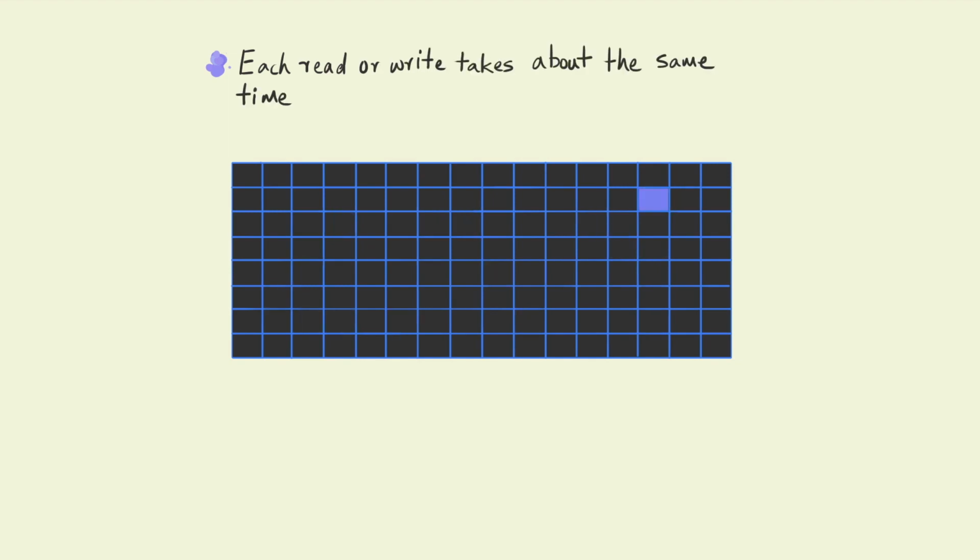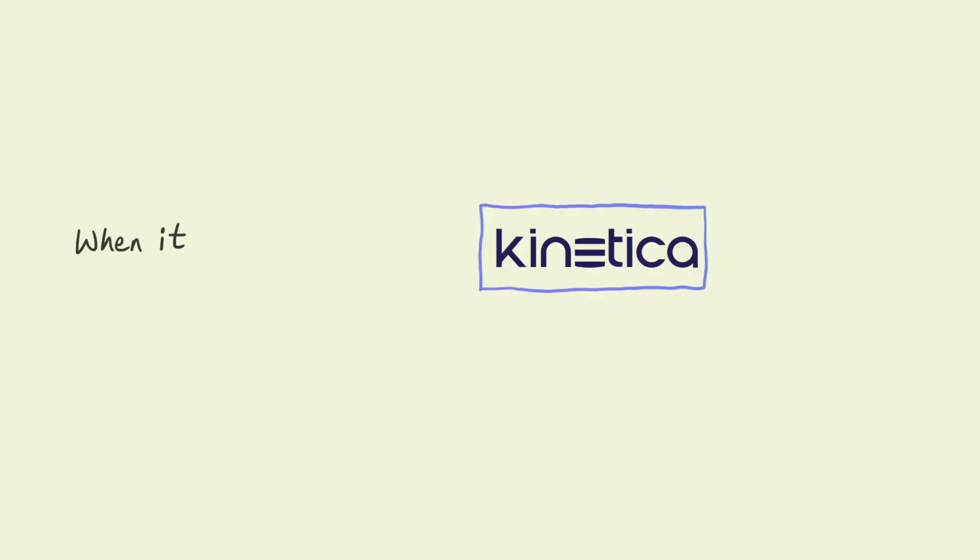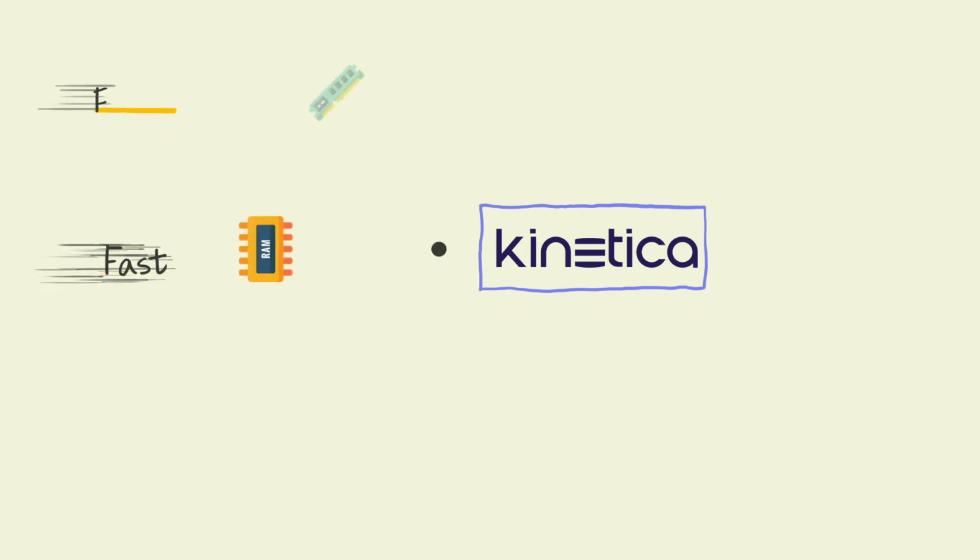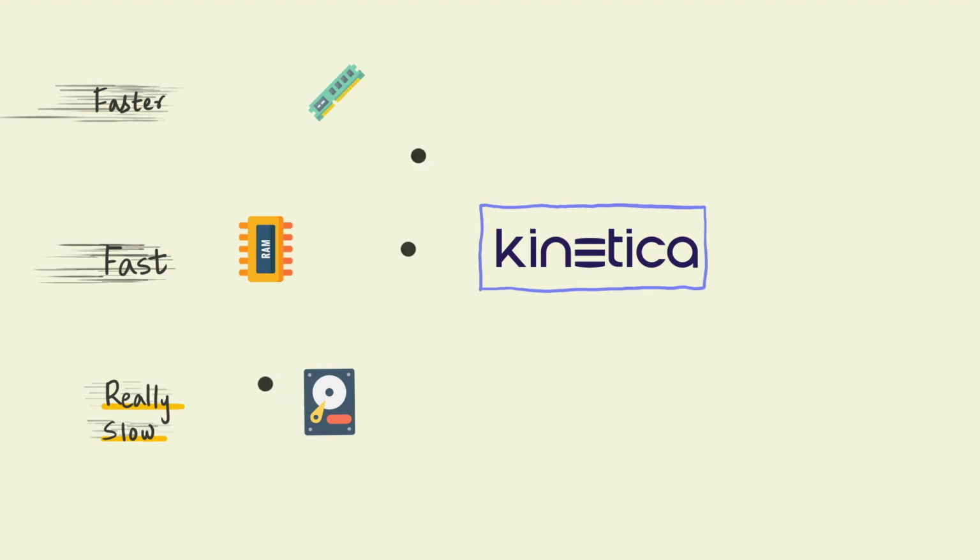This is much slower than system memory, where every byte has its own binary address and can be directly accessed without a mechanical head. So every read or write takes about the same amount of time to complete, making it much faster. By adopting a memory-first approach, Kinetica can escape the performance bottlenecks of loading data from the disk for analysis.